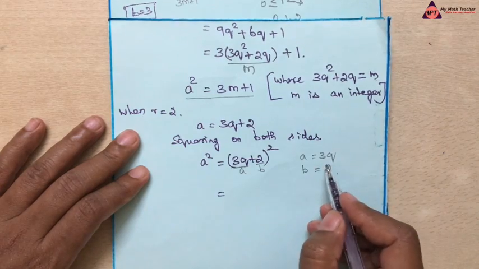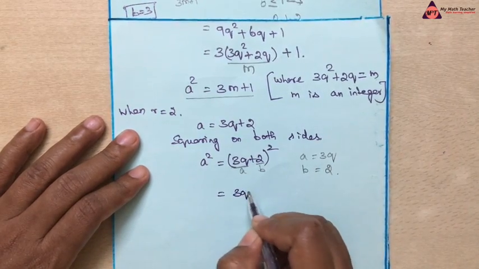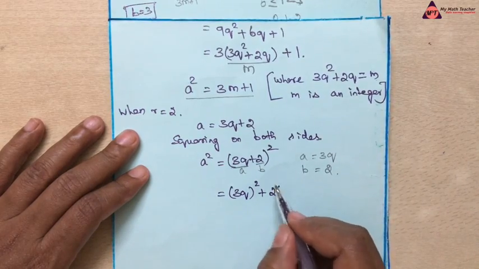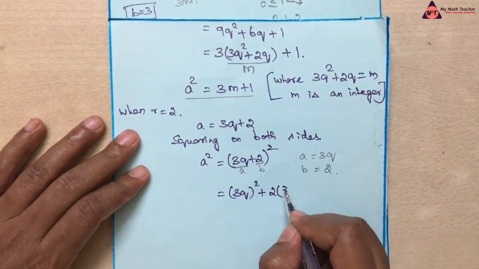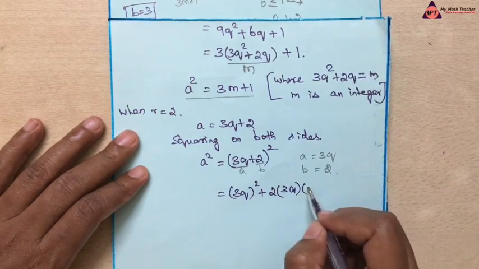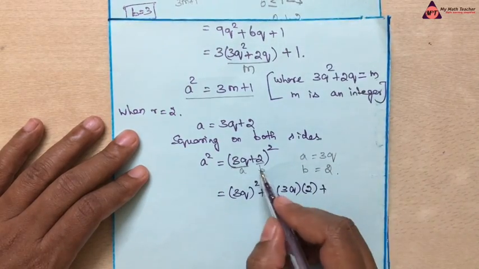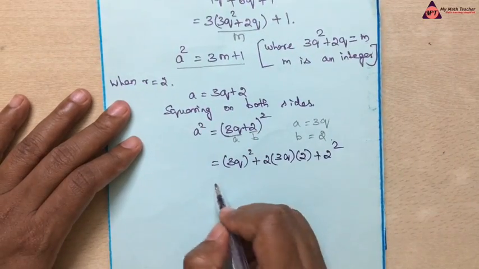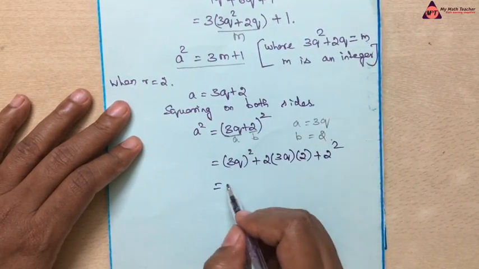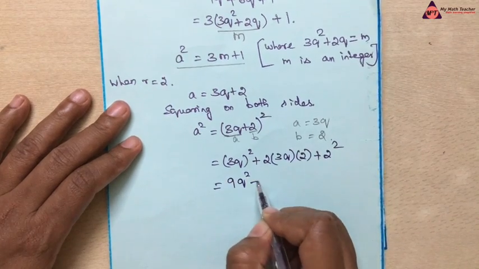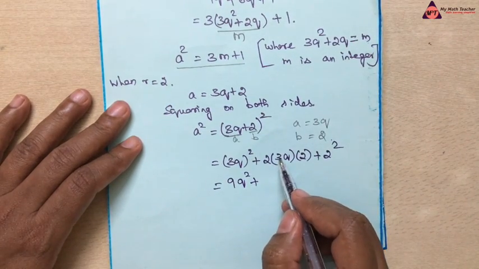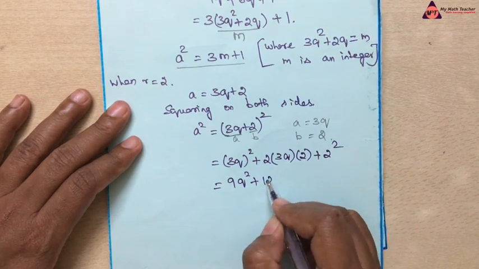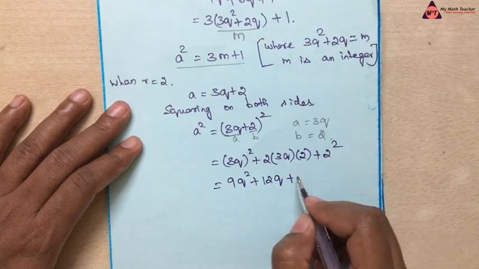A square, what is a square? 3q the whole square plus 2ab, 2 into, what is a? 3q into, what is b? 2 plus b square, what is b here? 2 square. Okay. Now 3 square is 9q square plus, multiply all the numericals, 2 3s are 6, 6 2s are 12 q plus 2 square is 4.